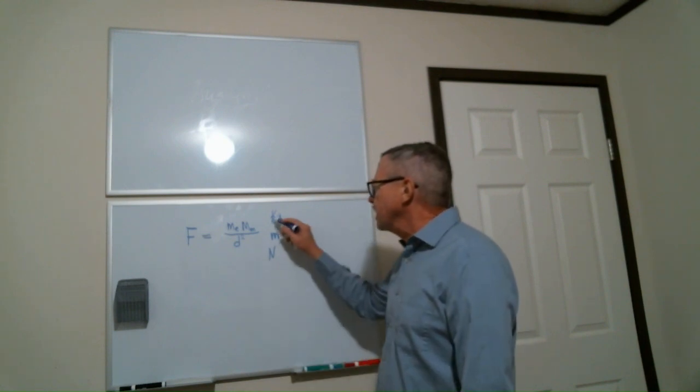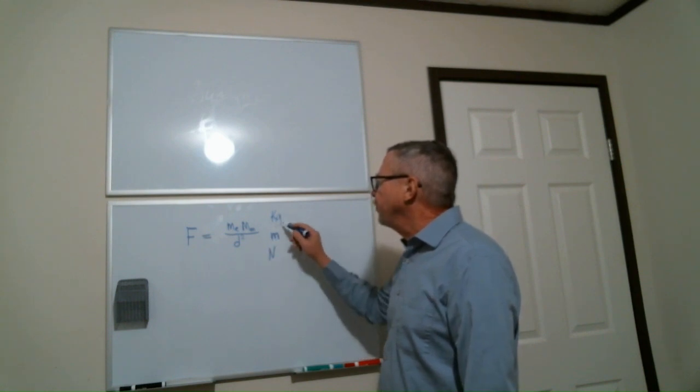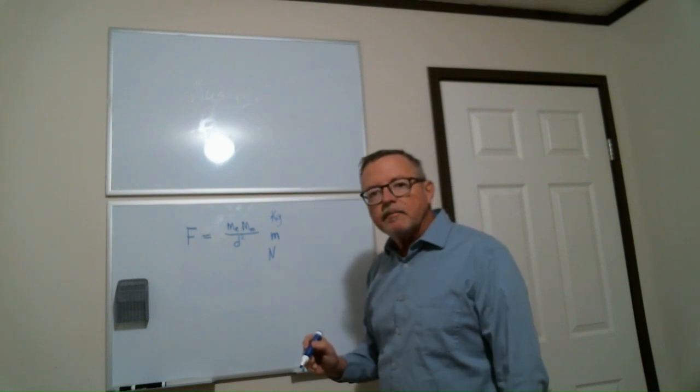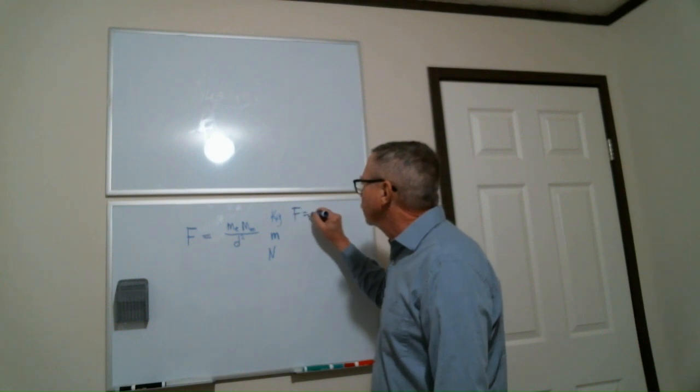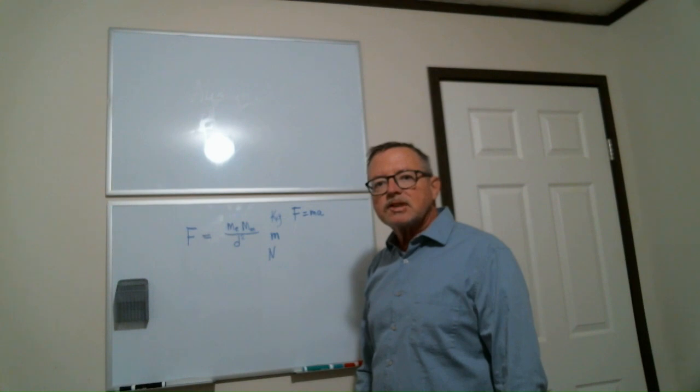How do we relate these things? Or how much force does Earth apply to 1 kilogram? Force equals ma. Mass times acceleration.